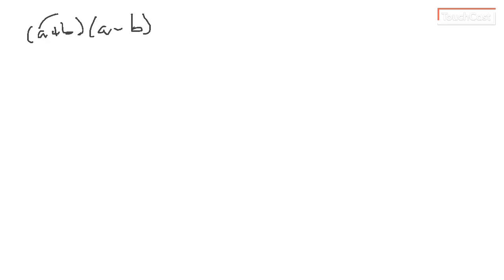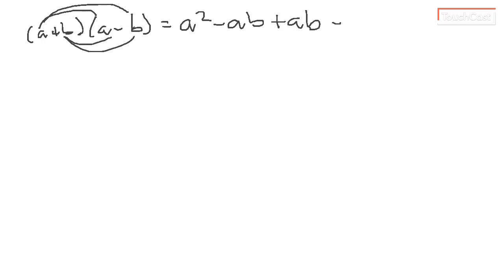If we FOIL this, a times a is a squared, a times minus b is minus ab, b times a is going to give us a plus ab, and b times negative b gives us minus b squared. Well, if I have two terms that have the same number, and the only difference is one's positive and one's negative, they cancel each other out. So these middle terms cancel each other out. They're gone. So we're only left with a squared minus b squared.